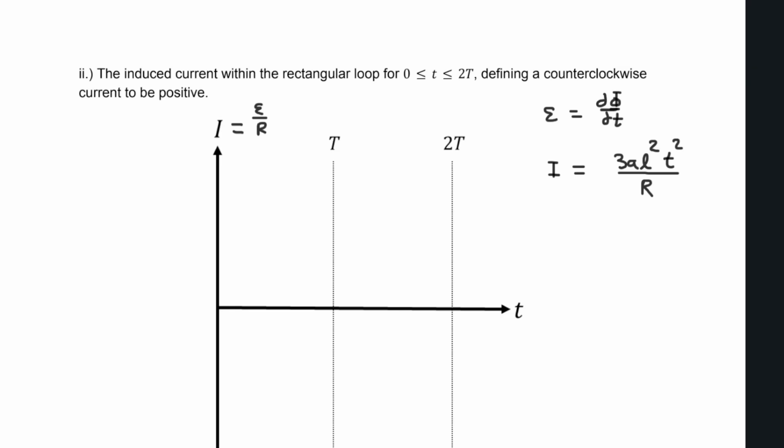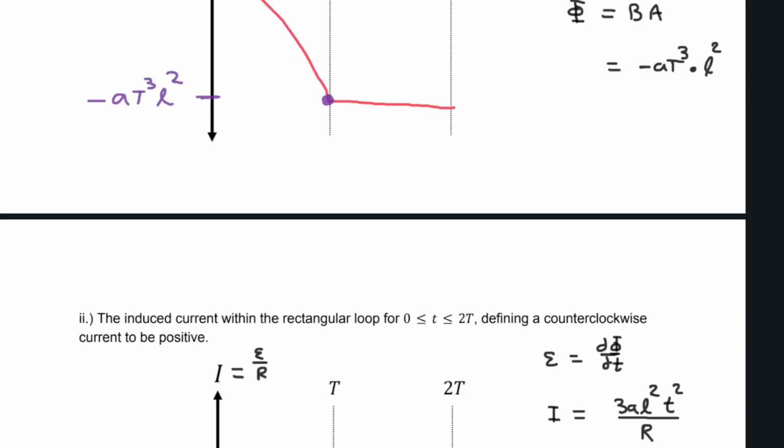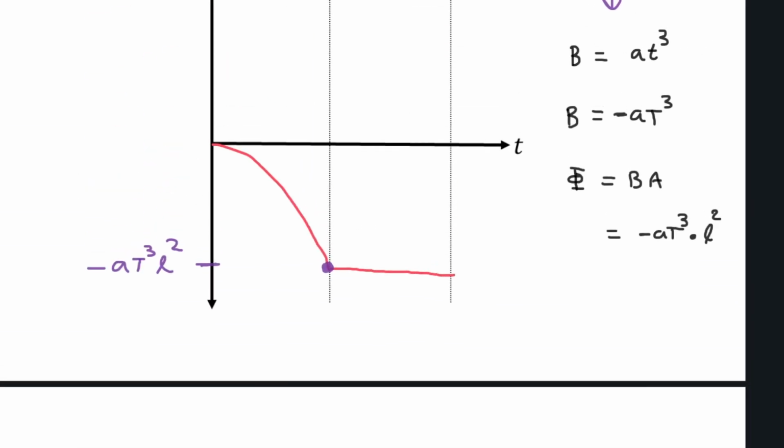So since this is increasing with time, we know that it's going to reach some sort of a maximum value somewhere. It is important to note that since the magnetic flux is held constant after T equals capital T, there will be no induced current after this because we have a constant magnetic field.